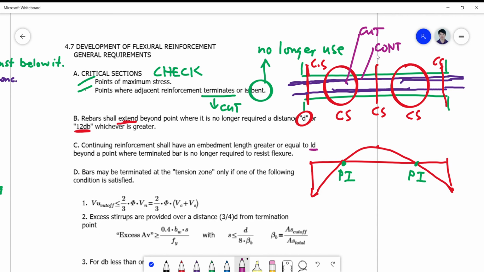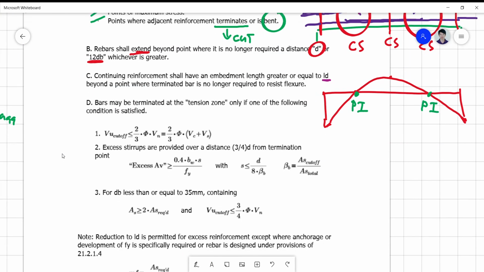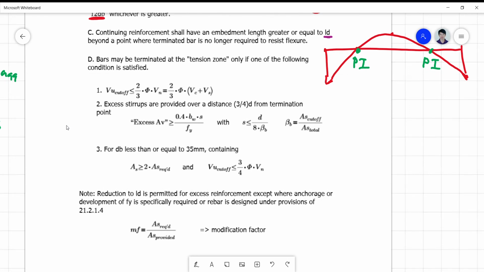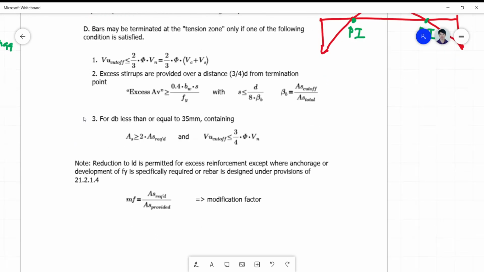So bars may be terminated at the tension zone only if one of the following conditions is satisfied. So we can also terminate bars provided these three options will be satisfied, but I don't want to confuse you on this. Might as well make your bar not to be terminated at the tension zone.